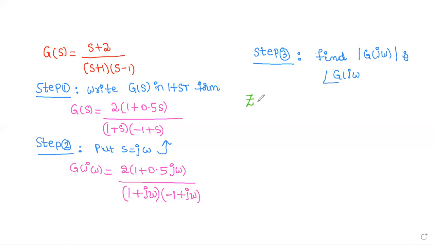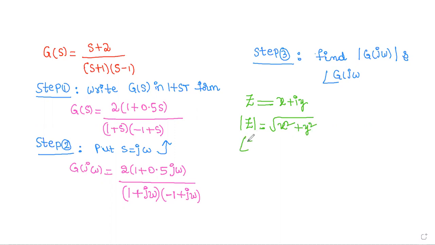Let us consider one complex number, z equal to x plus iy or x plus jy, but make sure it is a complex number. How to find the magnitude for this complex number? We know that it is the root of the real part squared, x squared, plus the imaginary part squared, y squared.